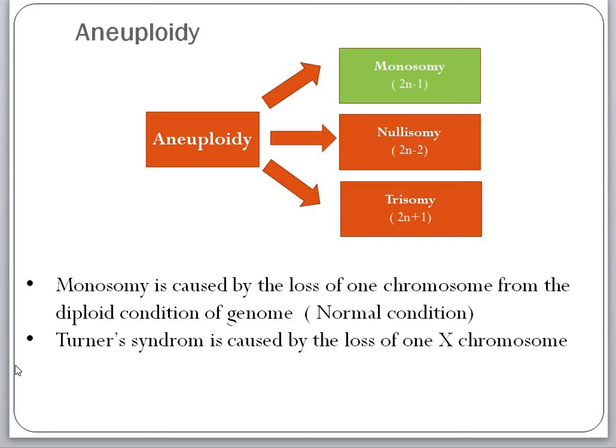Monosomy is caused by the loss of one chromosome from the diploid condition of the genome. That is, from the 2n condition, one chromosome is removed. In Turner's syndrome, loss of one X chromosome leads to the pathological condition.